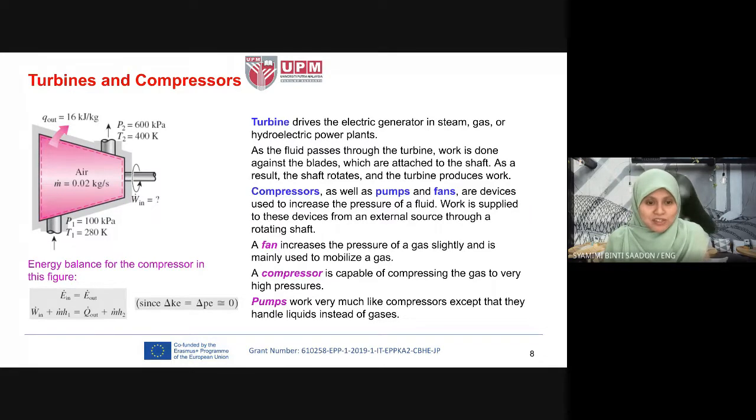So these devices are actually the opposite of each other. This is the compressor, the schematic diagram for the compressor. So it is like a nozzle. If you see here, why do we draw it like this instead of the other way around?